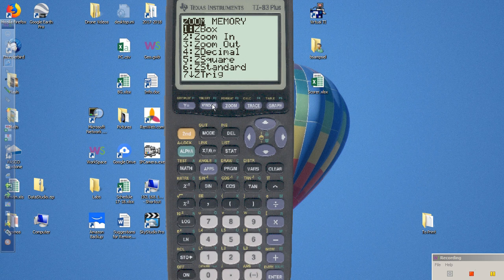Let's go back to standard zoom, and then we change it. Instead of r equals sine theta, what else could we do to make it more interesting? How about sine of theta times cosine theta?